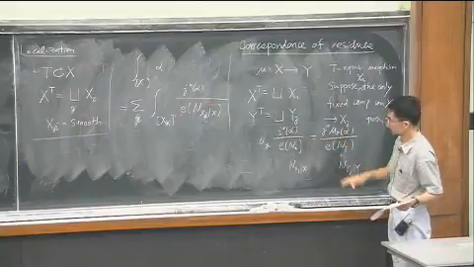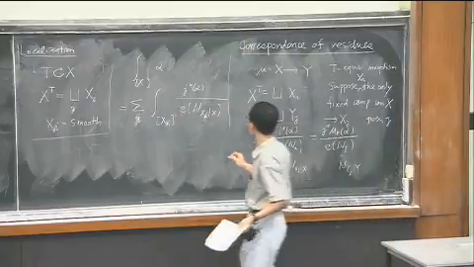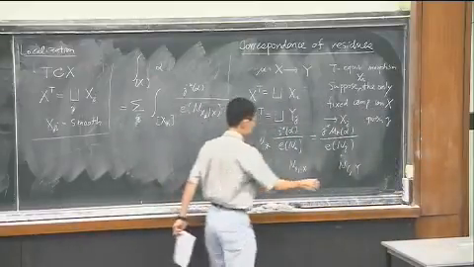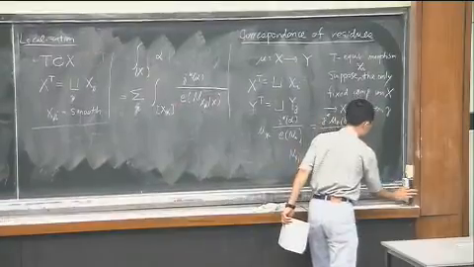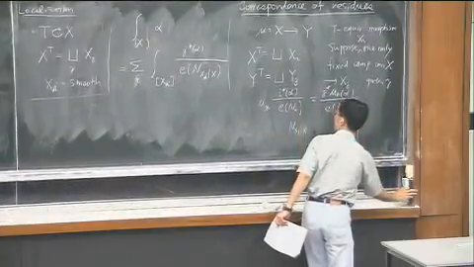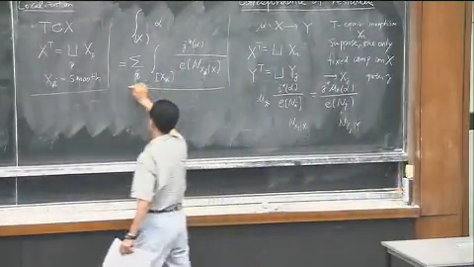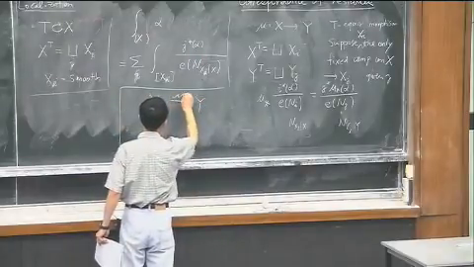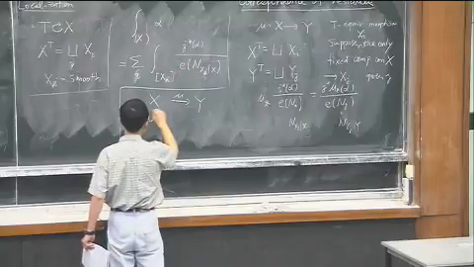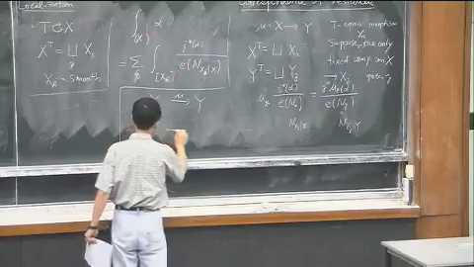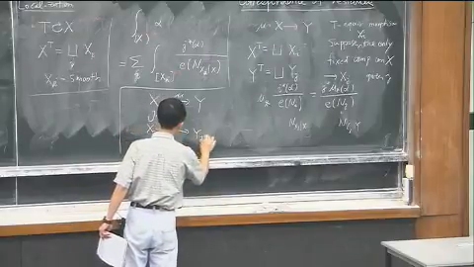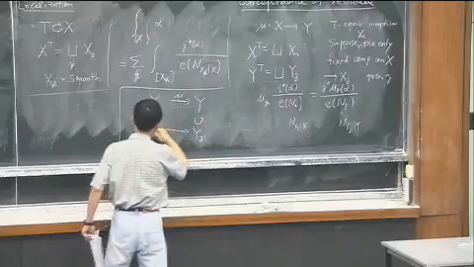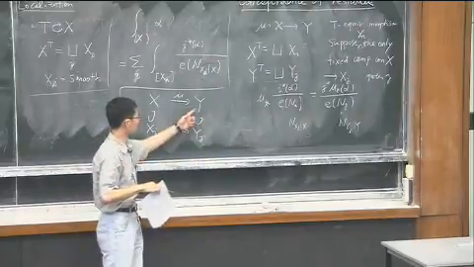This residue, if you push forward to the other side, will be the same as the residue on the other side. It is probably easier to see in a diagram. You have X to Y, and this is your mu, and then you have X_i here to Y_j here. This one gives a residue, and this one gives a residue.